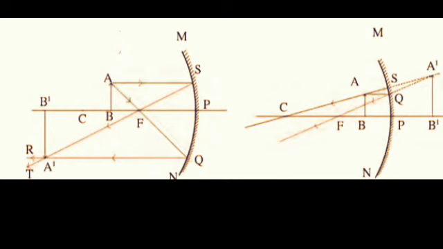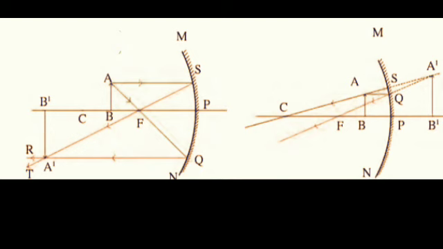In the figure, an object AB is placed between the pole and the focus of the mirror. The incident ray AQ is parallel to the principal axis and the incident ray AS is in the direction joining A with the center of curvature.